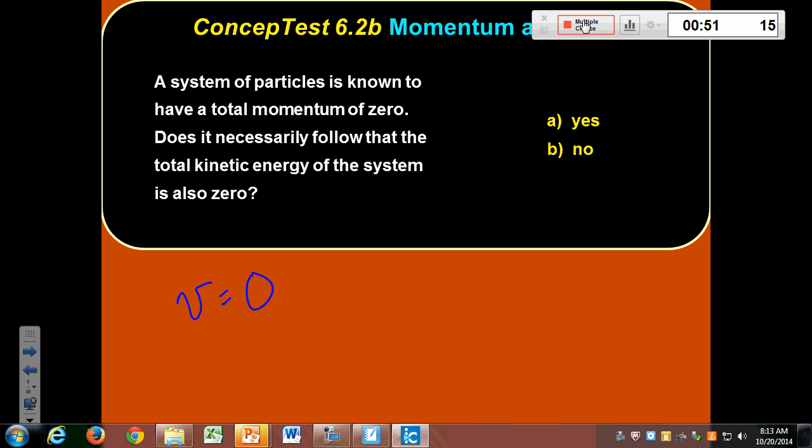To say that the system has 0 energy, they all have to be not moving. But momentum is a vector quantity, so I can have two particles that have 0 net momentum if they're traveling in opposite directions, because then I would have two particles with equal but opposite momenta, and those momenta would cancel out.